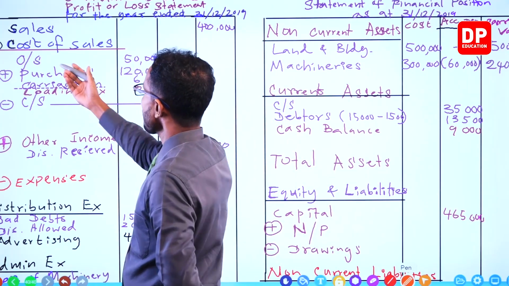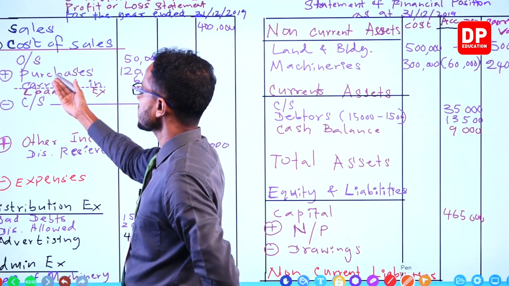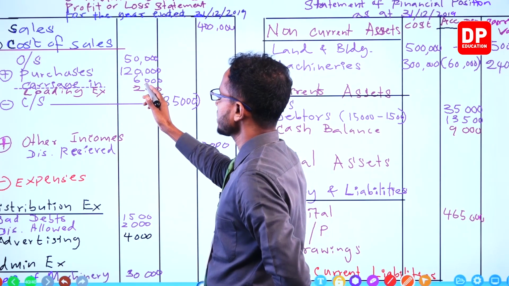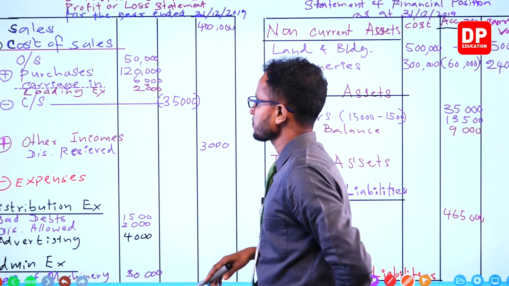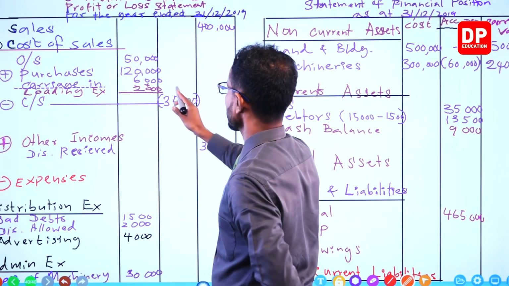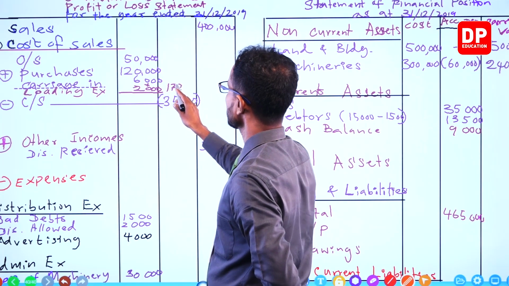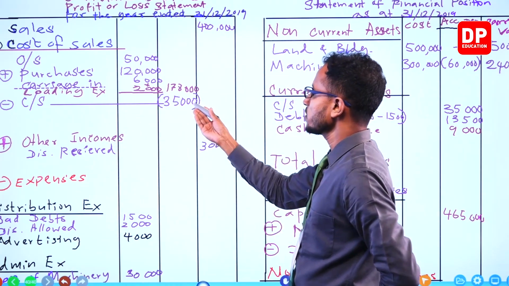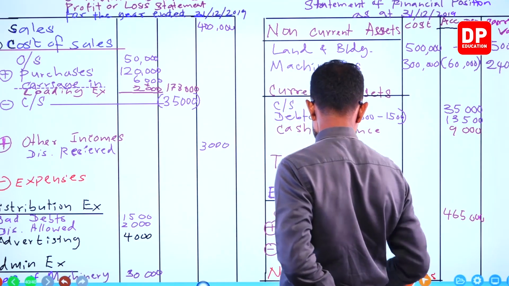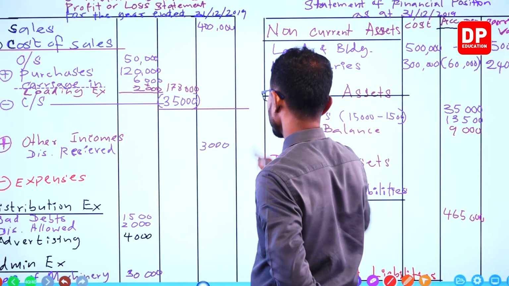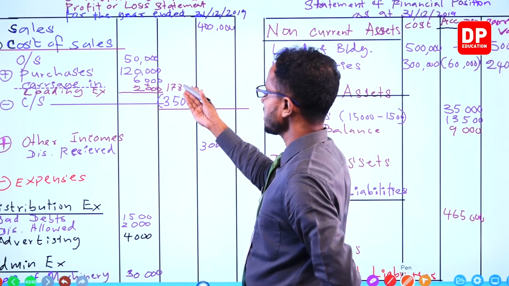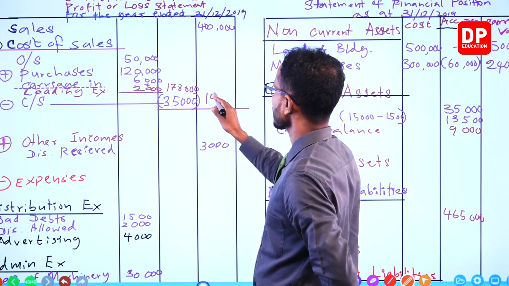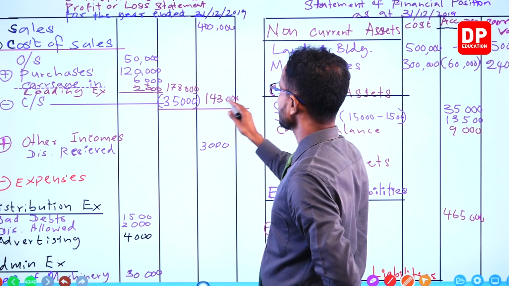Cost of sales: opening stock 50,000 plus purchases 170,000, plus 8 here, 178,000. From that, minus 35 the closing stock. 178 minus 35 is 143,000.